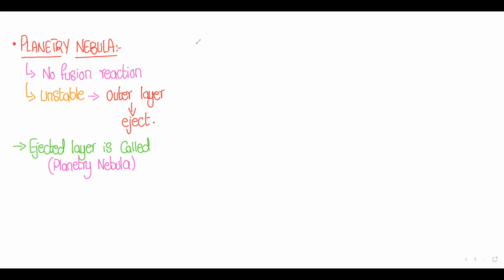And the next one is the white dwarf. If we talk about the white dwarf, we know the outer layer is already ejected, right? Now we are left with a core.